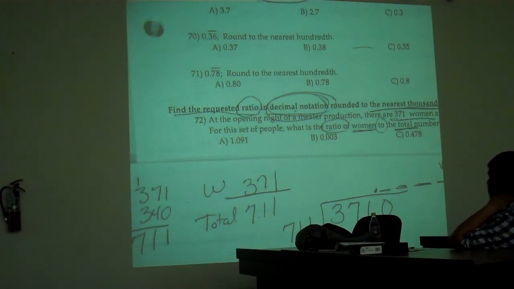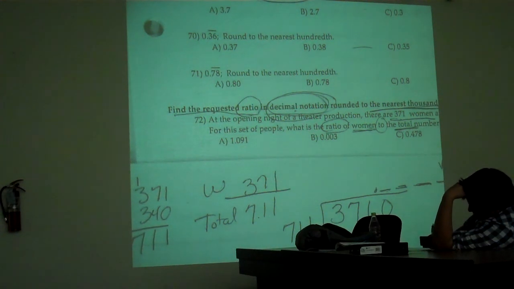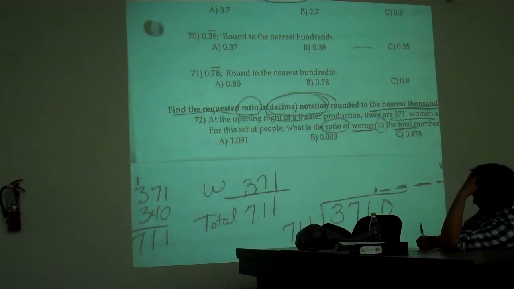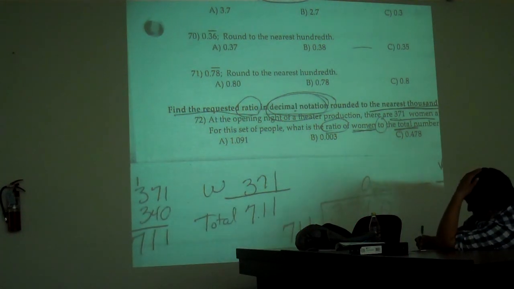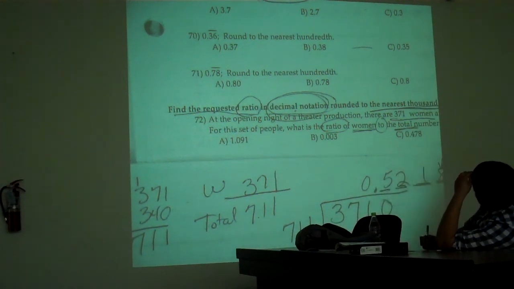This one, has anybody done that yet? Divide 371 by 711. And what do you get? When you do all this, you have 0.5218 something, okay?